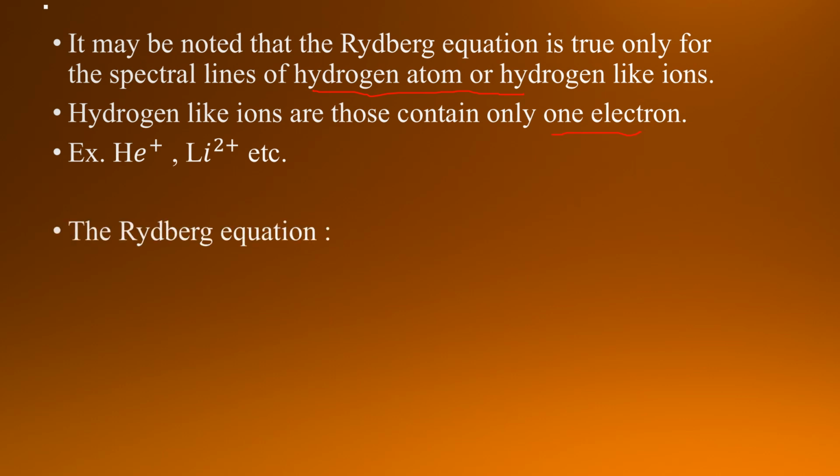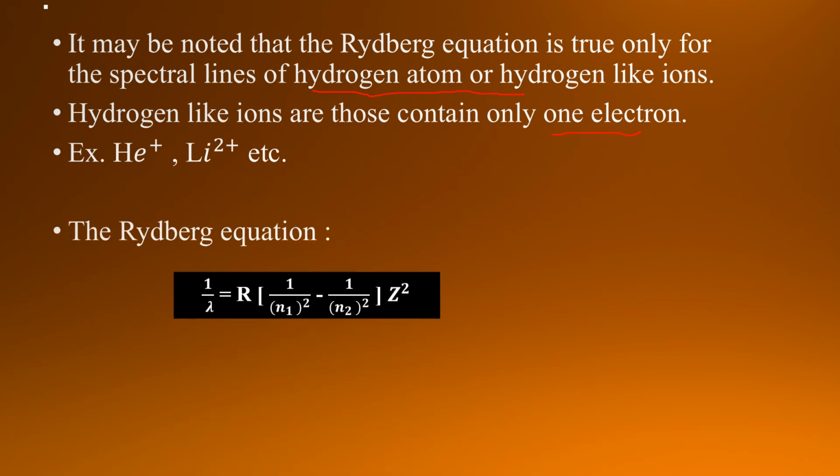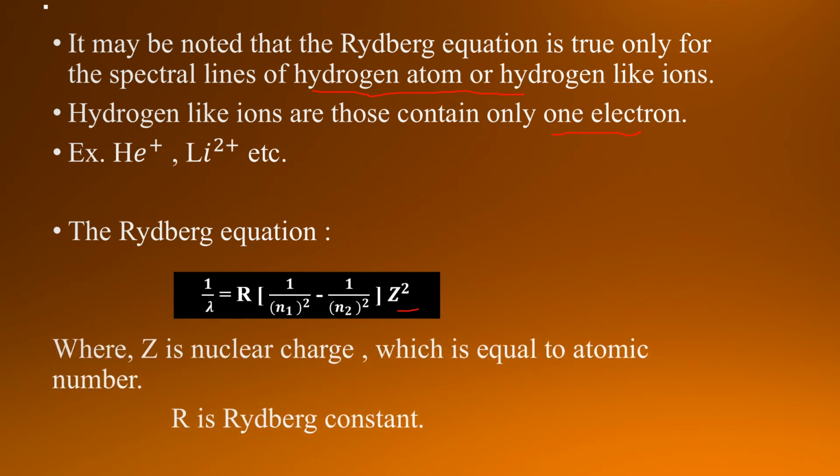And the Rydberg equation for such ions will be 1 upon lambda is equal to R into 1 upon n1 square minus 1 upon n2 square, into z square here. Where this z is the nuclear charge, which is equal to the atomic number, and R is the Rydberg constant.